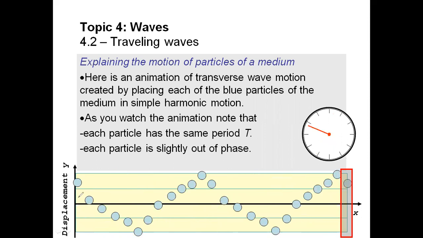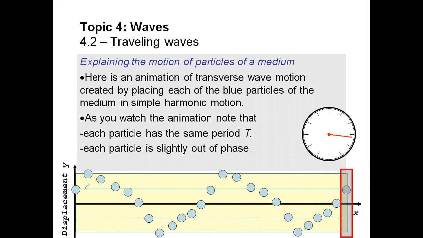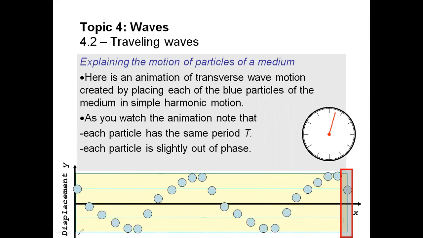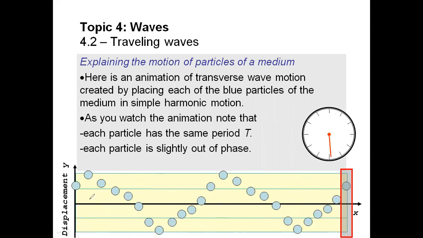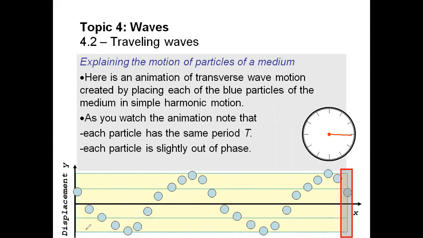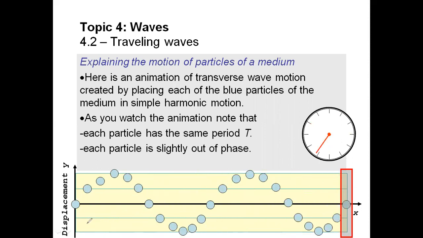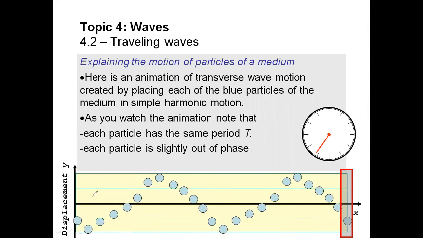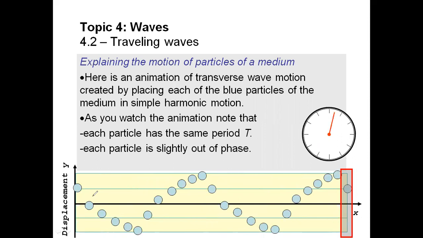When they are moving up and down, they are not on the same level. For example, while going up, the second particle is in front. While going down, the second particle is again in front. They are not on the same level. They are not moving up and down at the same time. So we call that out of phase.